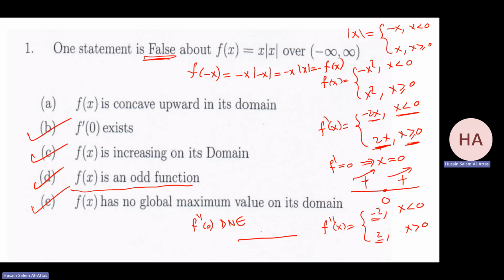Just when I do the test intervals, I have 0 because f double prime does not exist. So I check before 0, I have negative, and then after 0, I have positive. So it's concave down, then concave up. Is it concave up in its domain? No. So this is the wrong statement, and this is the statement that I'm looking for. So I'm looking for the false statement.